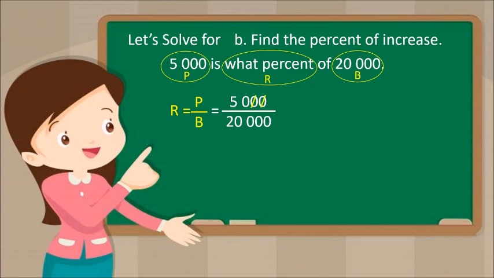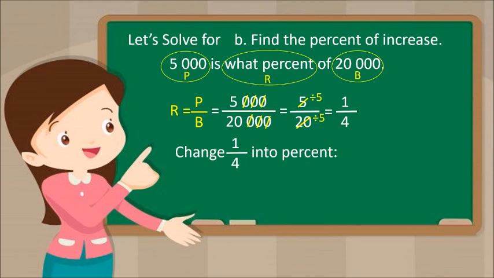We have three zeros in the numerator, and we cancel them with the three zeros in the denominator. So we have 5 over 20. Let's simplify 5 over 20. We divide both numerator and denominator by 5. We have 1 over 4.